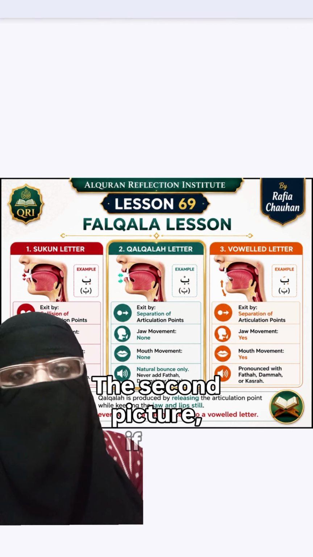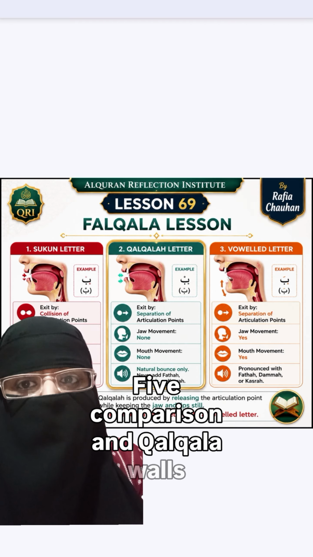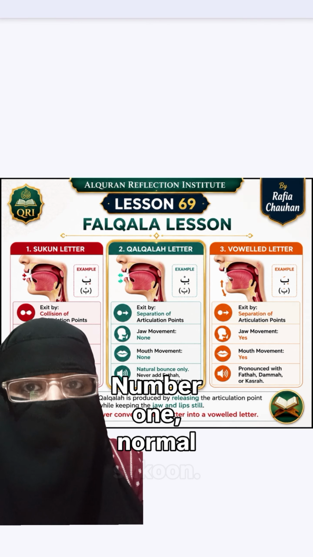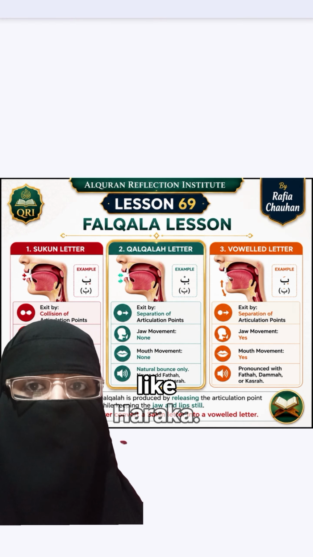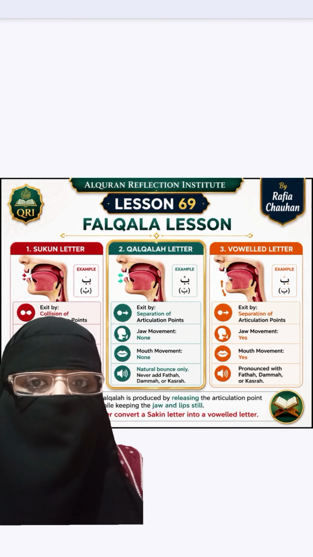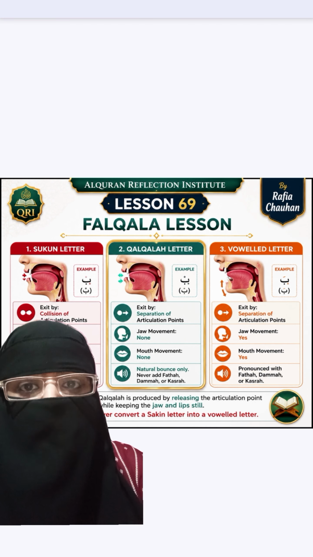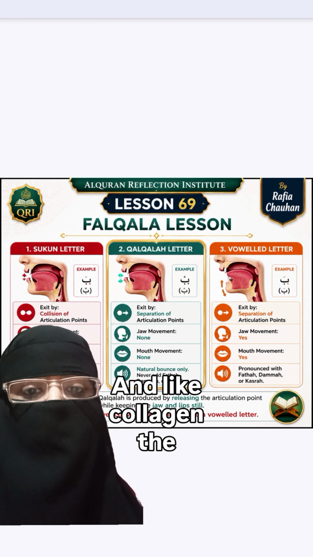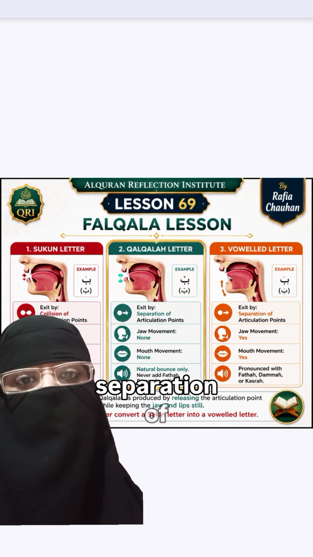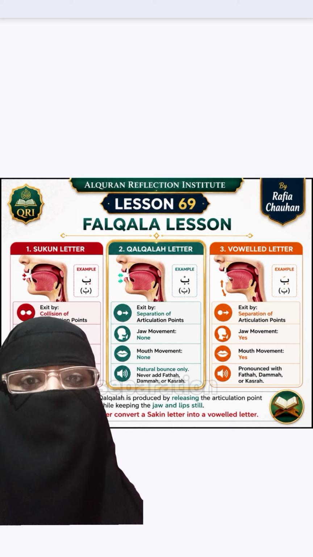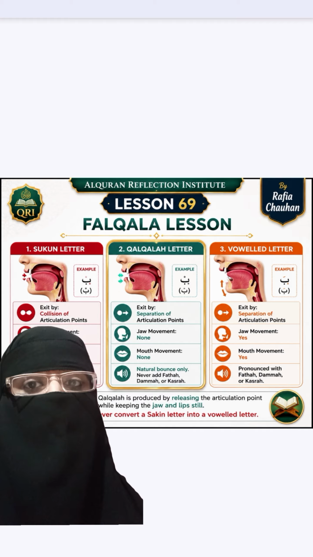The second picture is a comparison of normal sukoon, qalqala letters, and letters with vowels, looking at the exact mechanism, the articulation points and their separation, and the jaw movement.